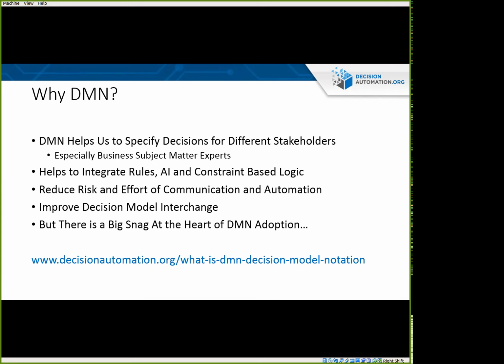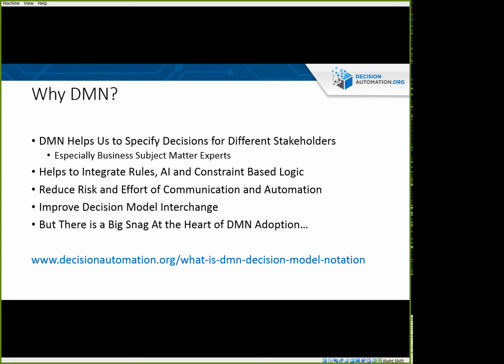But first and foremost, it's a standard. It's centered on interchange, not just between DMN tools, but between these tools and third-party products, and most crucially of all, interchange between human beings.